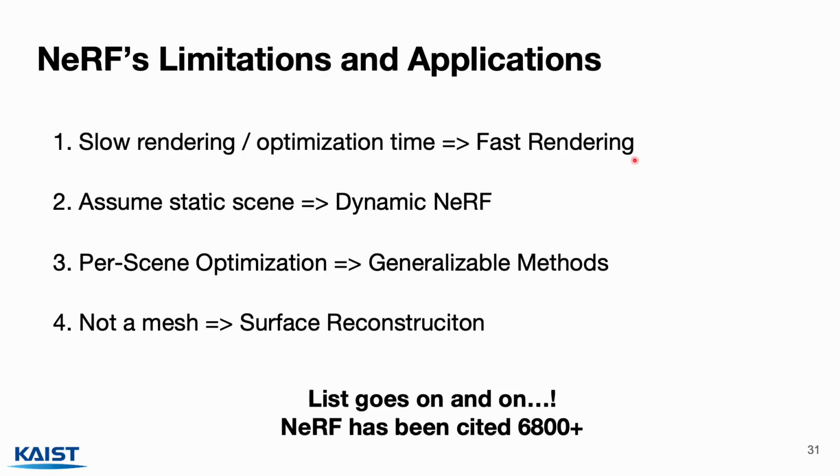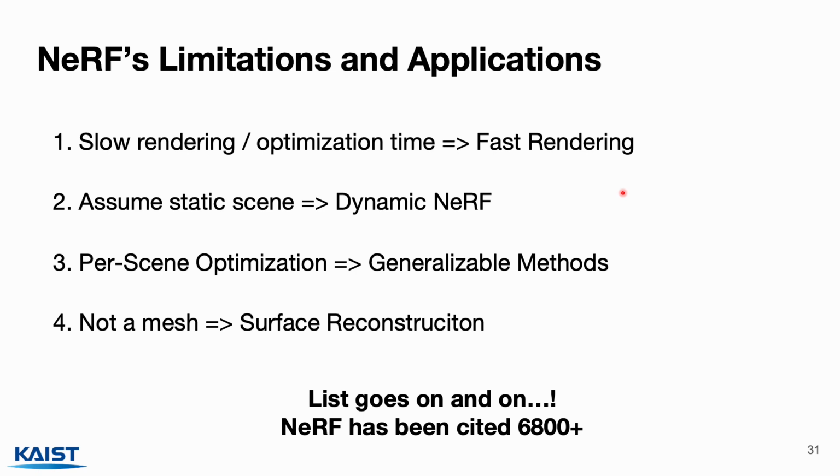NeRF has emerged as a groundbreaking method in synthesizing 3D scenes from 2D images, yet there are a lot of limitations and applications of NeRF. While NeRF shows good rendering quality and reconstruction, there are several limitations, and tons of papers have tried to overcome those limitations and utilize it for various applications. One of the key limitations is the rendering and optimization speed. Secondly, original NeRF models were limited by the assumption of static scenes.